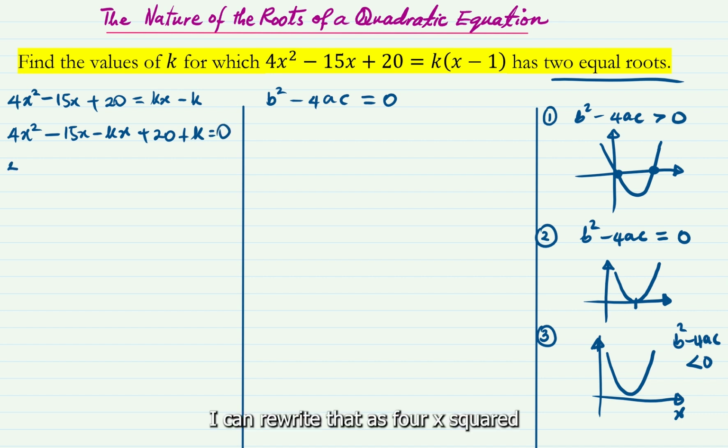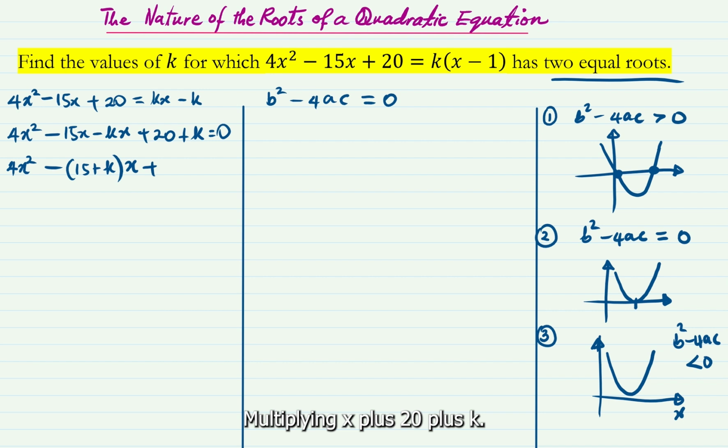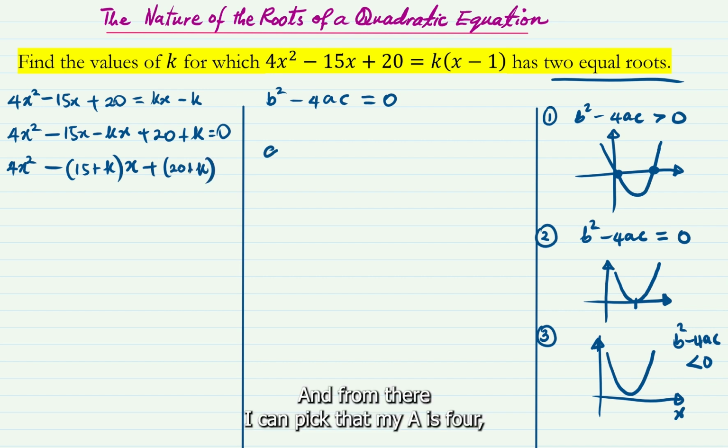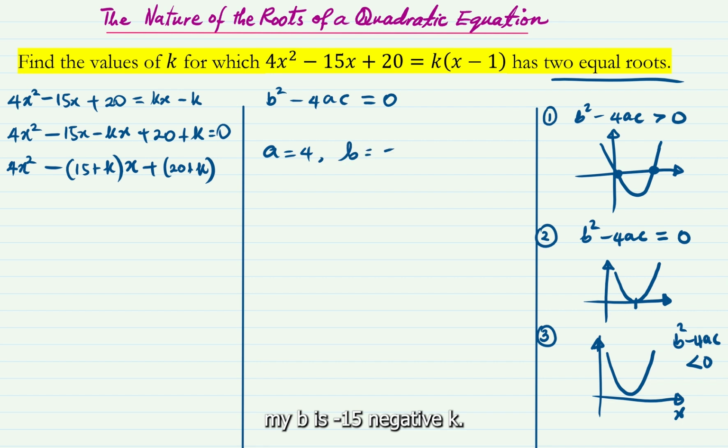I can rewrite that as 4x squared minus (15 plus k) multiplying x plus 20 plus k. And from there I can pick that my a is 4, my b is negative 15 minus k, and then my c is 20 plus k.